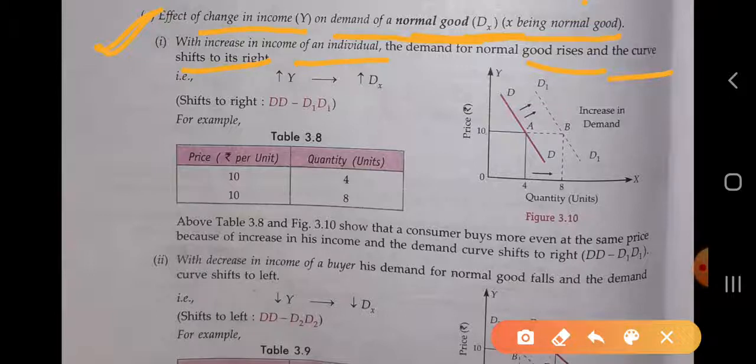But whenever the income of the consumer increases, in that condition he will purchase more and more of the normal good.